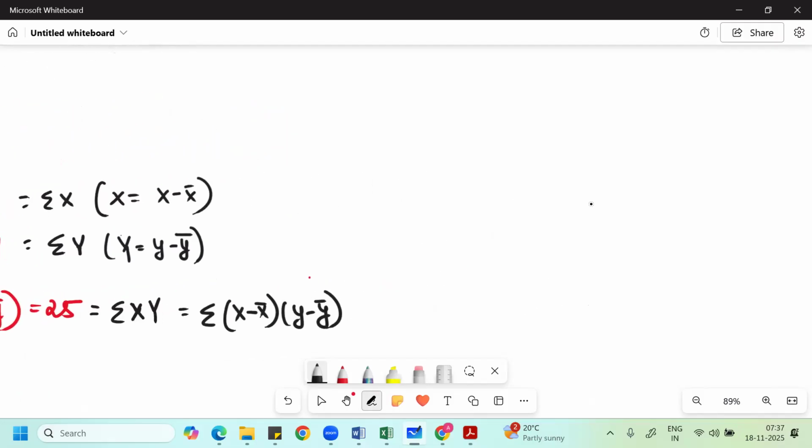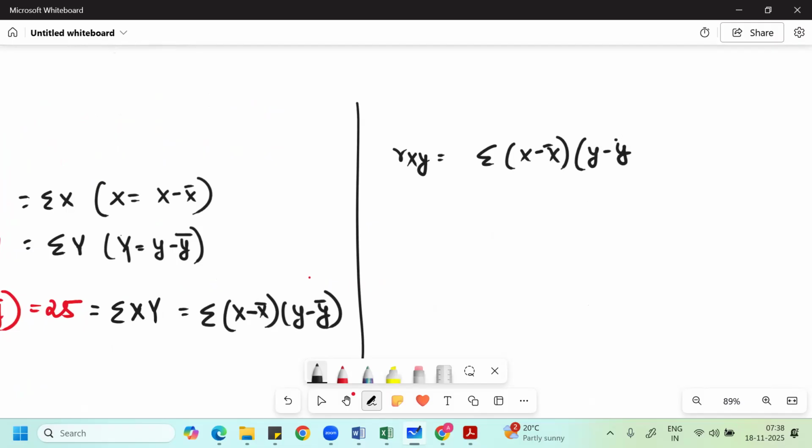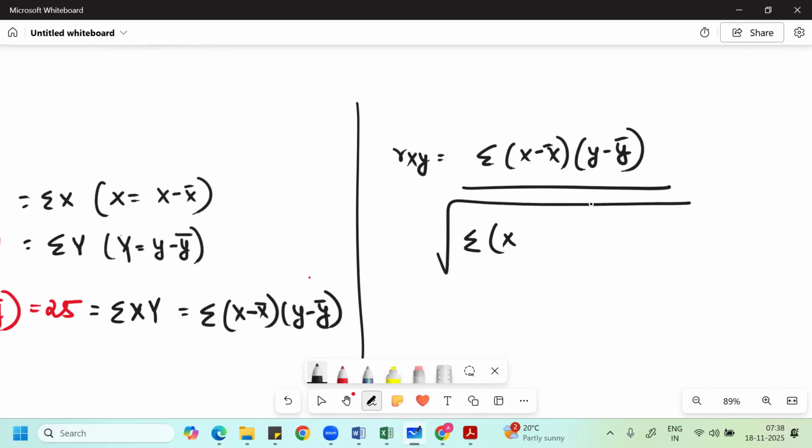Then the formula I told you: r of xy is equal to the summation of (x minus x bar) into (y minus y bar), and in the textbook they represented this x and y in small letters, divided by the square root of (x minus x bar) whole square, divided by the square root of (y minus y bar) whole square.